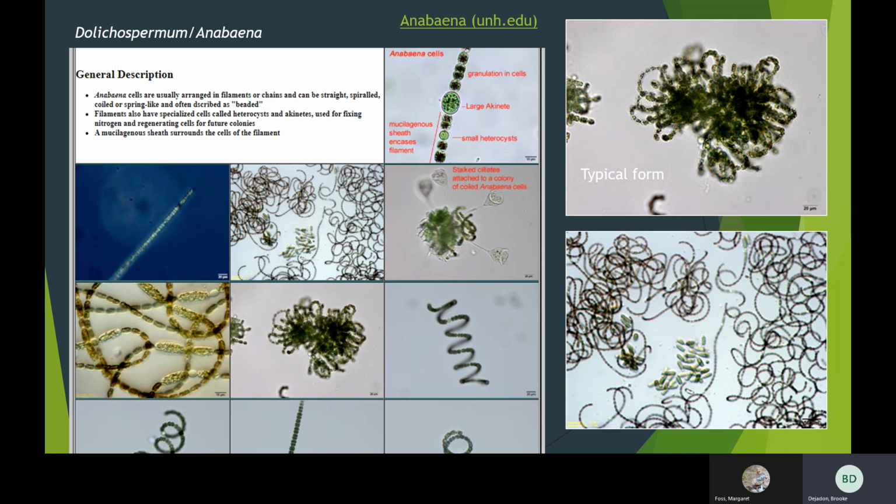One is a vegetative cell that helps them grow, called akinetes. But more so, you'll see heterocysts, and they look like these clear, sort of bluish colored, sometimes hollow-looking round cells that look a little different than the other chain of cells in the colony. And those help the organism fix nitrogen from the atmosphere.